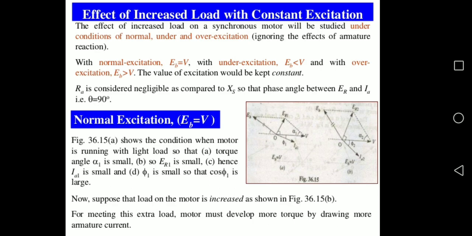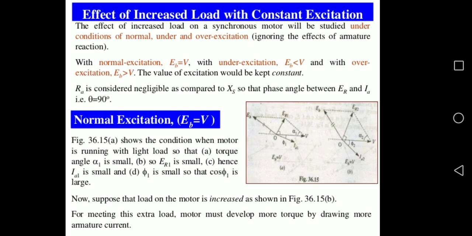Er equal to Eb minus V. So Er is minimum, because Eb and V are equal, opposite, and slightly different. So there is a slightly small Er. Hence Ia is also small, because Ia is Er by Zs. Because Er is small, Ia is small.